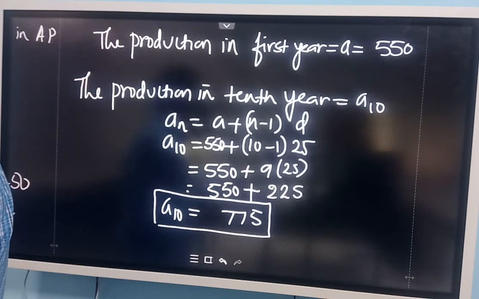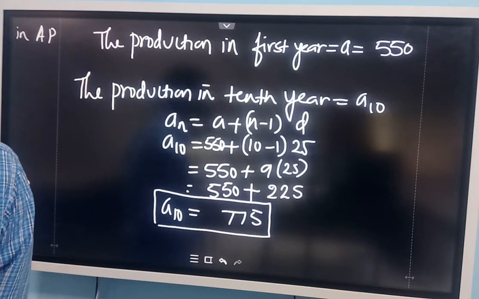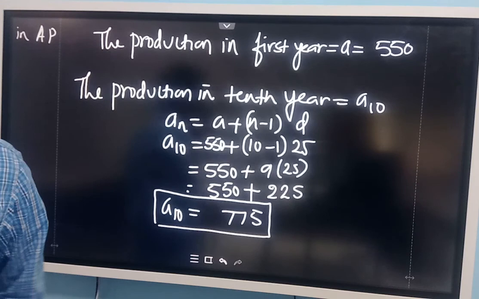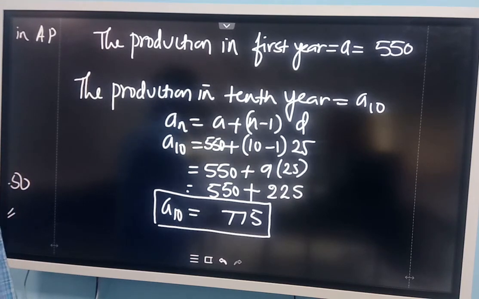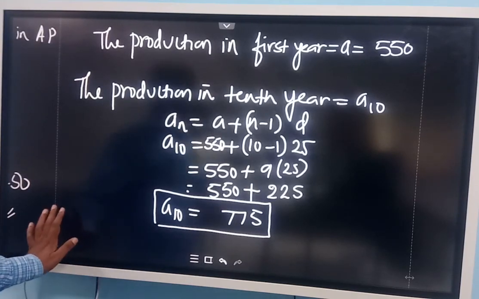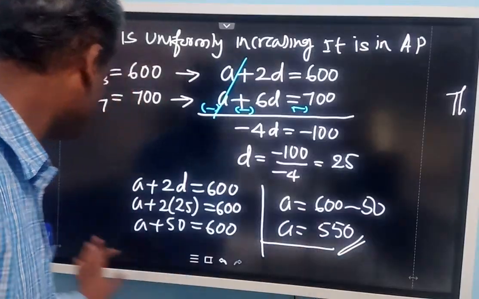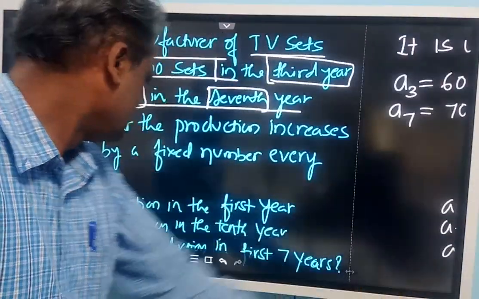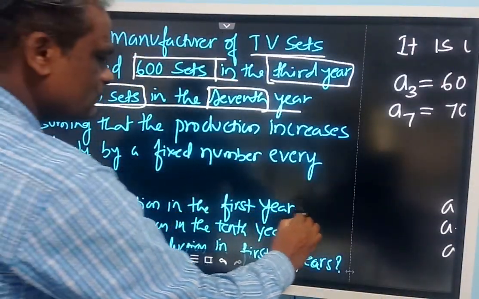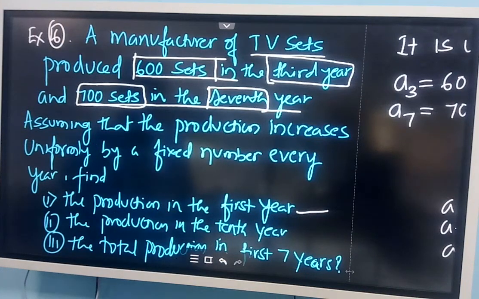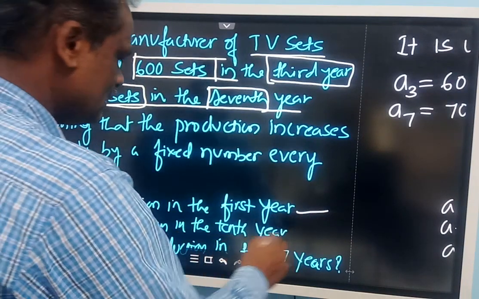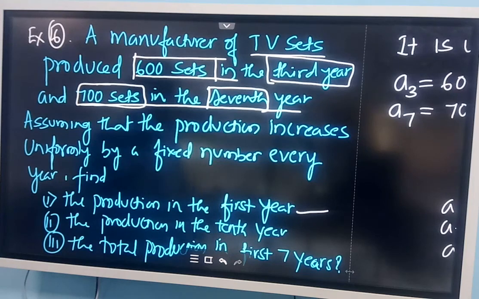The next and last question we need to find out is the number of TV sets produced in 7 years. Look at this question once again. We calculated the production in the first year, 550, and the production in the 10th year, 775.